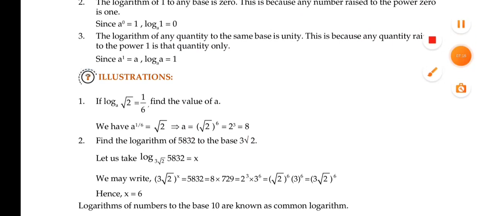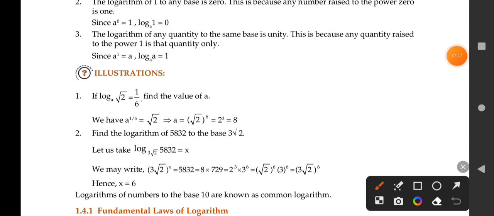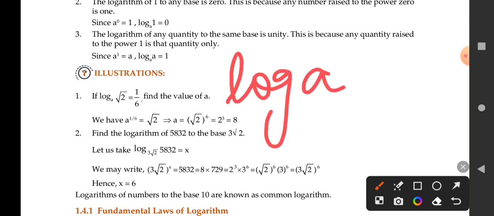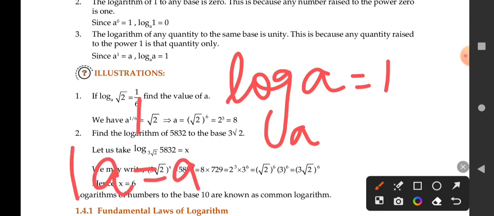Third point, the logarithm of any quantity to the same base is unity. What does it mean? Log of a to the base a is 1. Let's transform. A power 1 is equals to a.